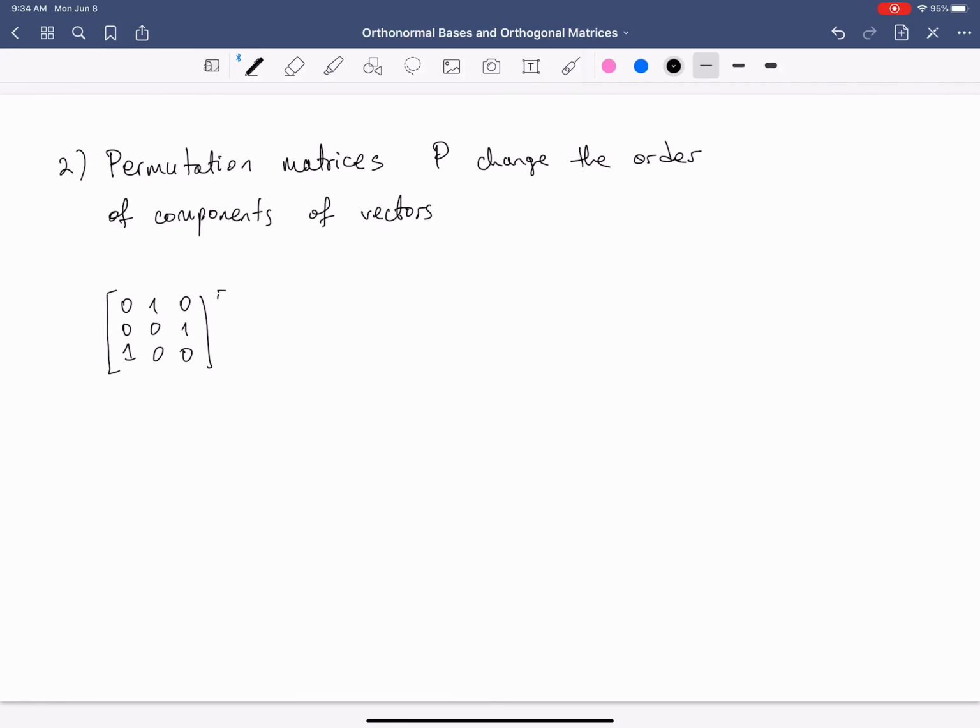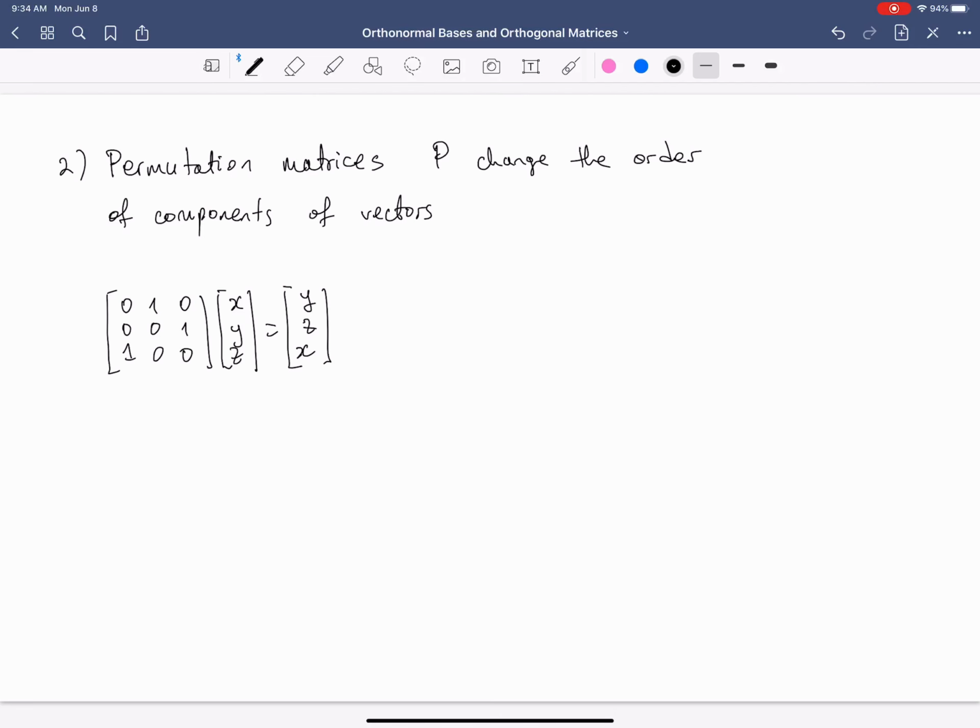0, and we apply it to the vector x, y, z, it will rearrange these components x, y, z into y, z, x. So similarly, again here, the length of the vector is exactly the same. So x, y, z, and y, z, x have the same lengths. Things have been rearranged.